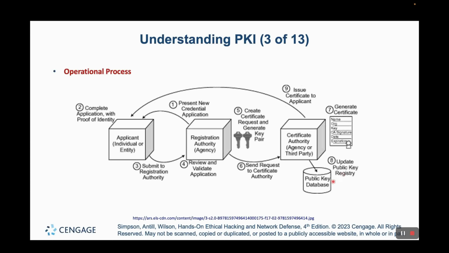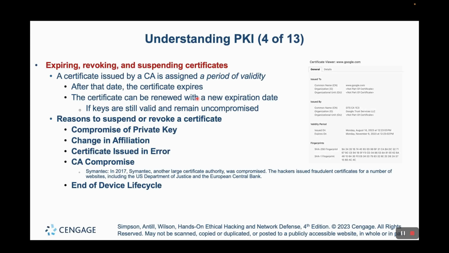Then after this process has been completed, the certificate will be issued to the applicant. Now, also part of the job of the CA is to make sure the certificate expires, or to revoke or suspend a certificate for reasons that we're going to discuss.